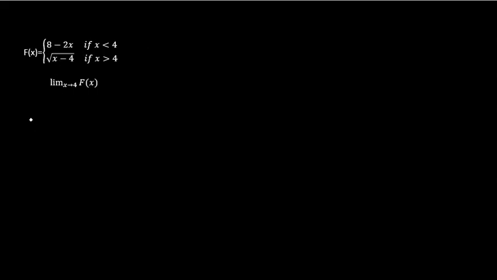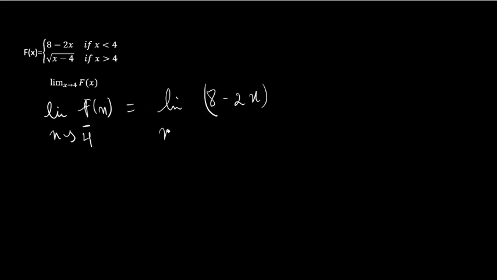We're going to have the limit of f(x) when x approaches 4 from the left side, which means when x is less than 4, we're going to write minus here, is equal to the limit of 8 minus 2x when x approaches 4 from the left side.